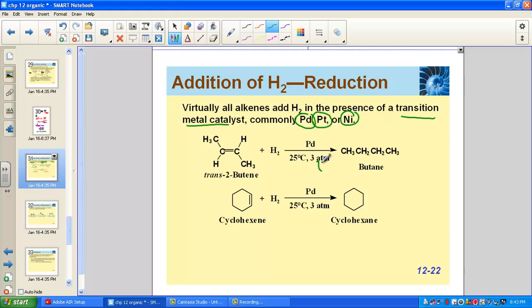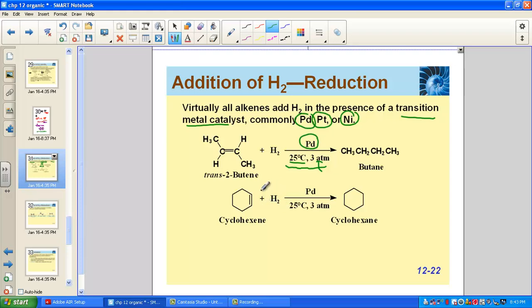You're going to see extremely high pressure, room temperature, and a nickel, platinum, or palladium catalyst. Catalysts get placed on the top of the arrow. The conditions in which the reaction is running are placed under the arrow.